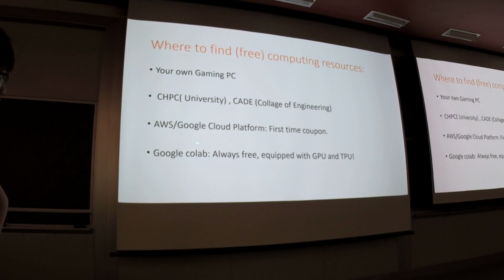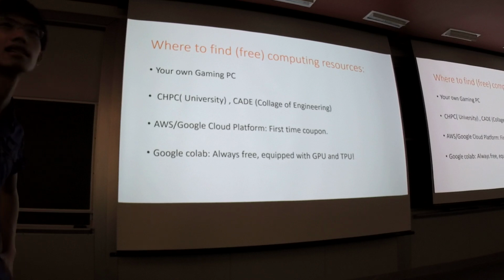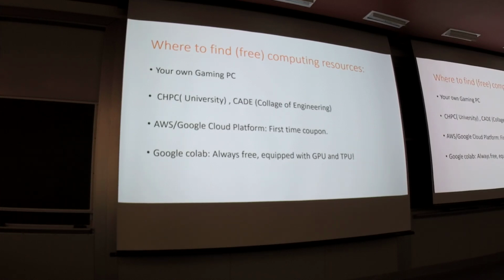And if you haven't used Google Cloud Platform before, when you apply for the account the first time, they will give you a coupon of several hundred dollars, and you can use the coupon to use their cloud computing resource. And if you have applied before, then you can use Google Colab.